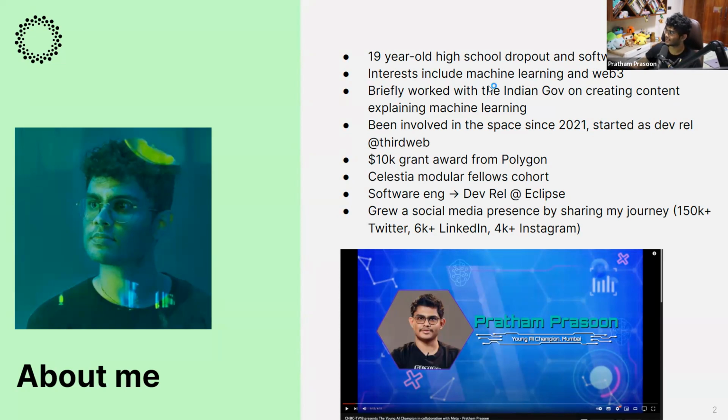My main interests include artificial intelligence and machine learning, and along with that, I am also very passionate about working in the Web3 and blockchain space. I briefly worked with the Indian government on creating content around explaining machine learning, and this was back in 2020, a couple of years ago.